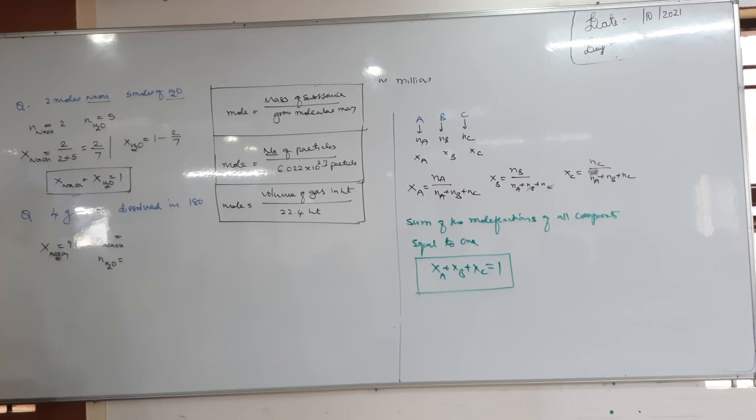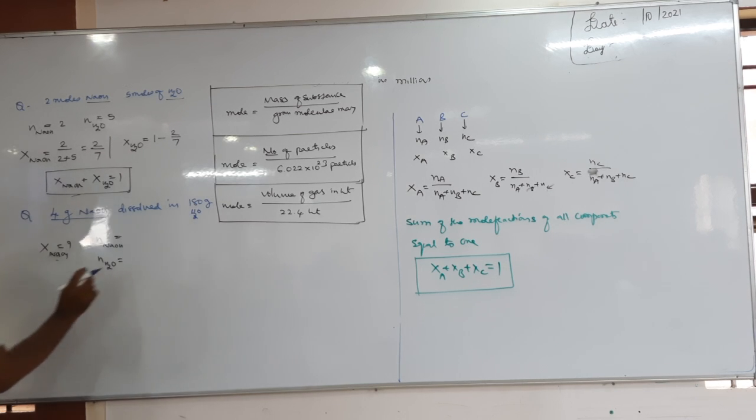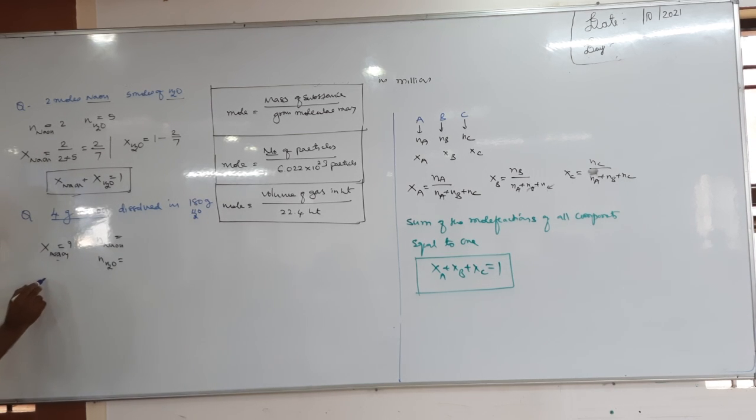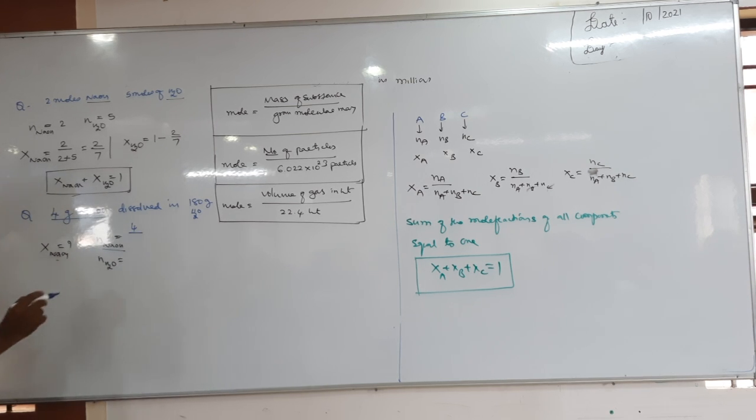Now calculate first the number of moles of sodium hydroxide. 4 grams of sodium hydroxide dissolved in 180 grams of water. Number of moles of NaOH: mass is given, therefore mass divided by gram molecular mass.